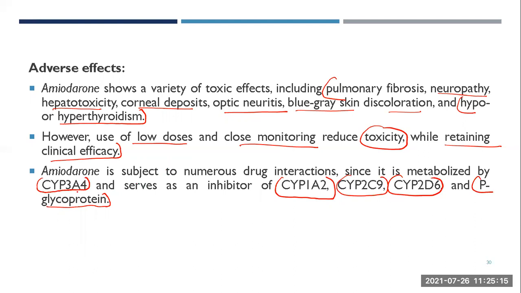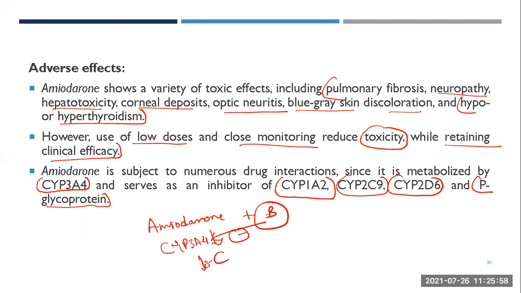Okay, so if this enzyme is inhibited, suppose we have amiodarone and another drug, let's assume it is B. We know amiodarone gets metabolized in the presence of CYP3A4 to the metabolite C. If drug B, a known inhibitor of CYP3A4, is given with amiodarone, then the metabolism of amiodarone will decrease, so there is decreased formation of C. It implies that the amount of amiodarone in the body will increase, and thus it will produce toxic effects.